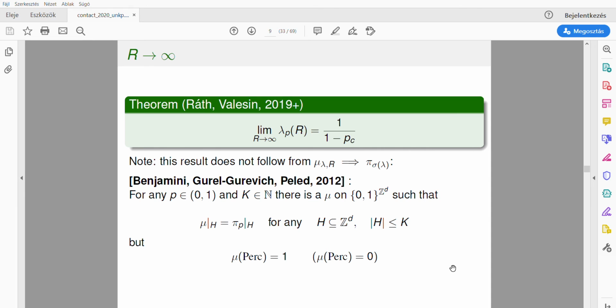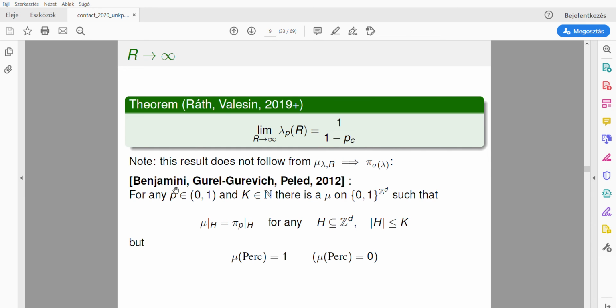But actually, here's a mathematical result that shows that things are not as easy as they look. Namely, just because something locally looks like a Bernoulli configuration, it does not necessarily behave like Bernoulli percolation globally.